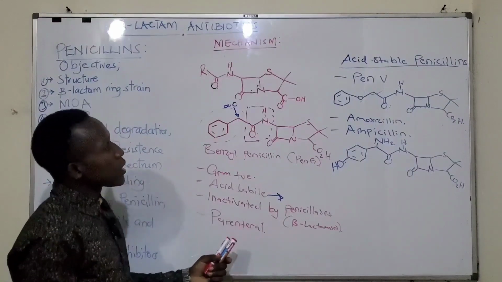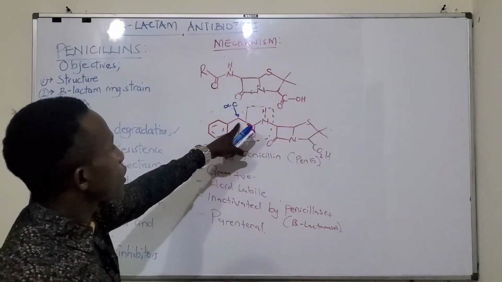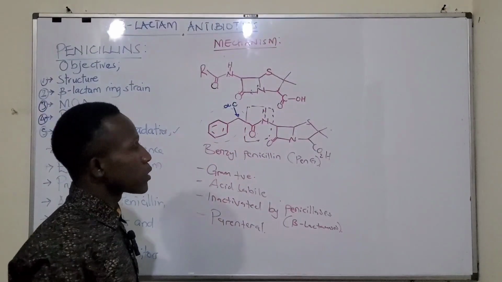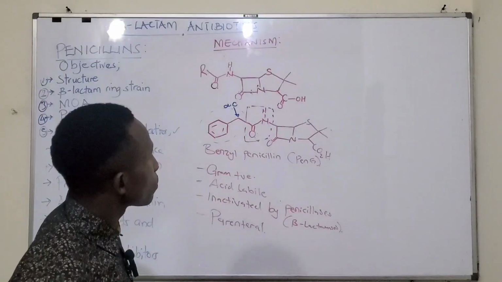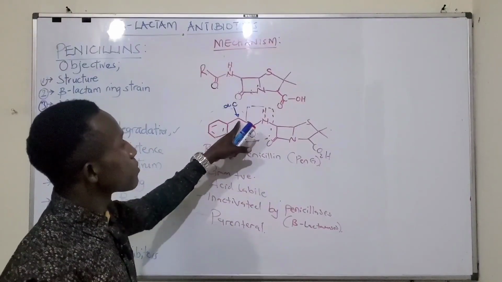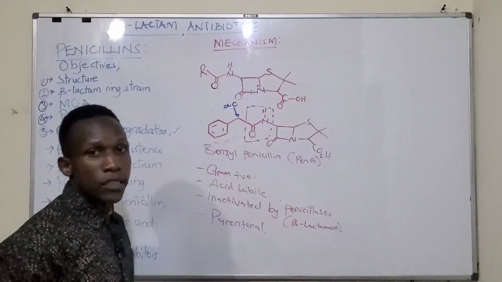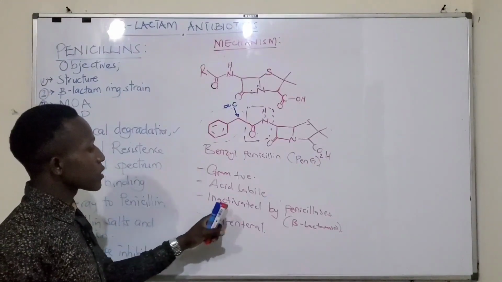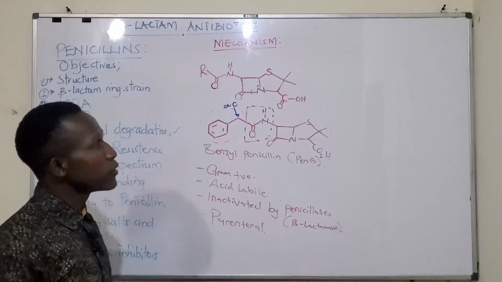So if the alpha group is part of the ring structure, either phenyl or naphthyl group, or it can be heterocyclic, if this alpha carbon is part of the ring, that penicillin will be stable against beta-lactamases. It won't be degraded.